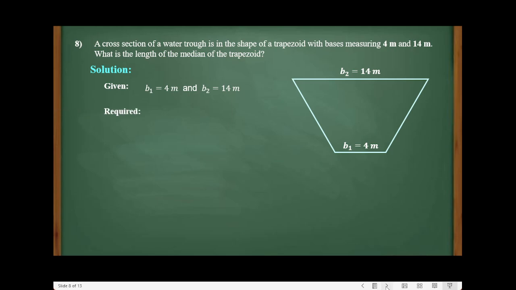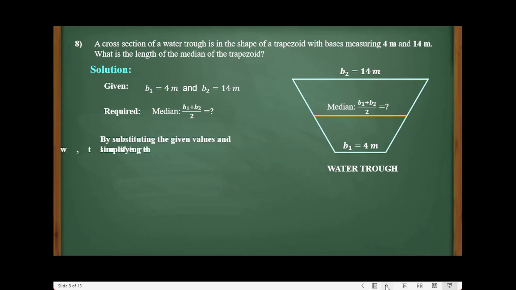And we are looking for the length of the median of this quadrilateral. Now, where can we find that median? The orange segment connecting the midpoints of these legs. Now, how do we compute for the median? This is the formula, which is actually the average length of the two bases.